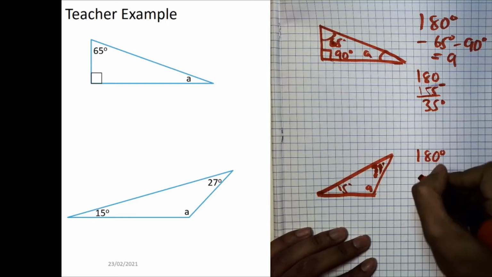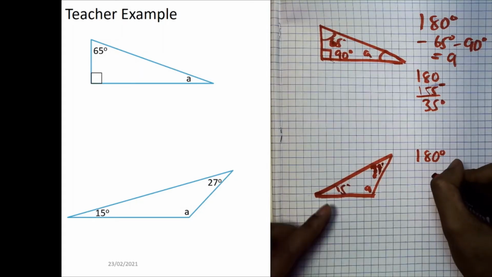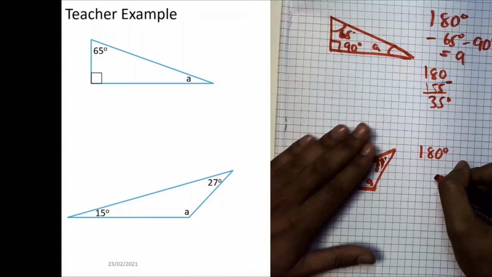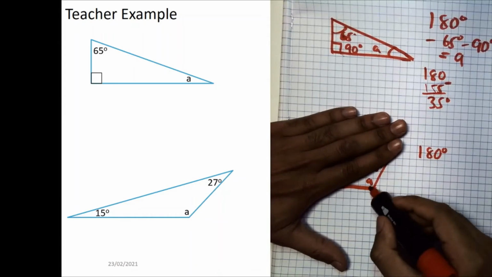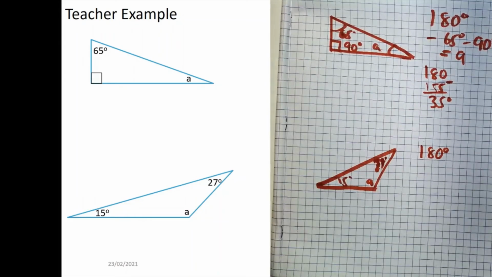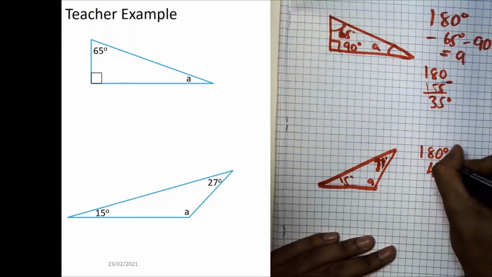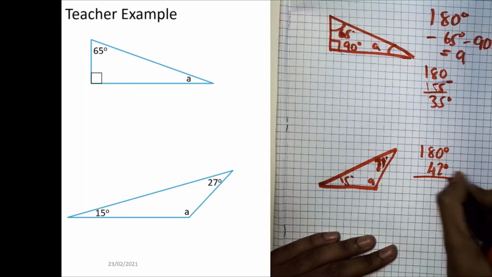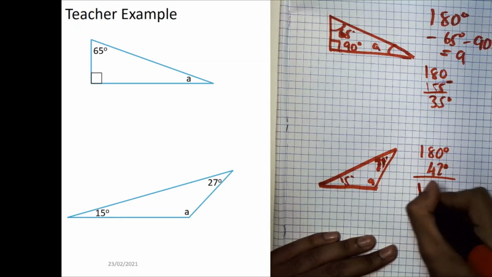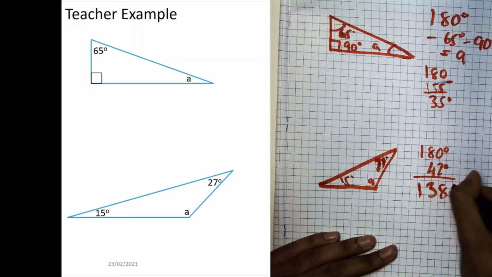If I were to subtract this 15 over here, and this 27 degrees, I would get left with just A. Now 15 plus 27 degrees, that would give us 42 degrees. So I'm going to go directly to doing 180 subtract 42 degrees. When I tally this up, I should get 138 degrees.